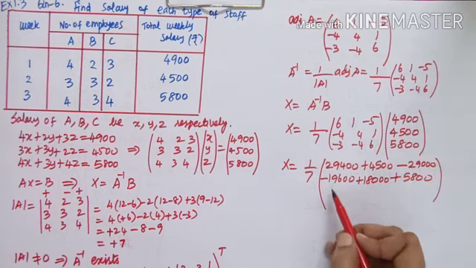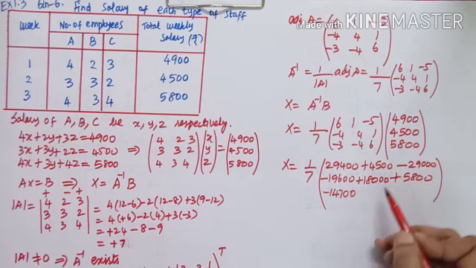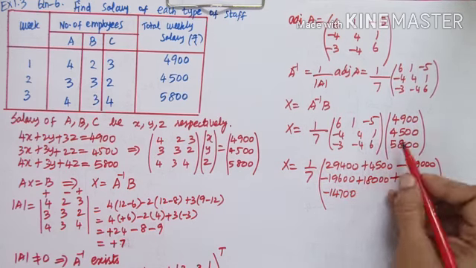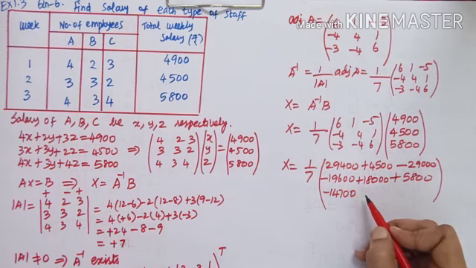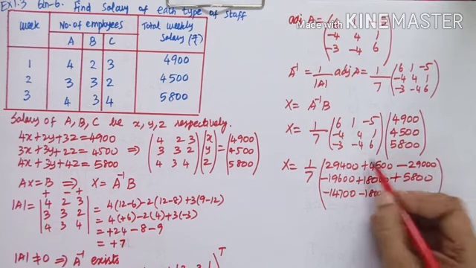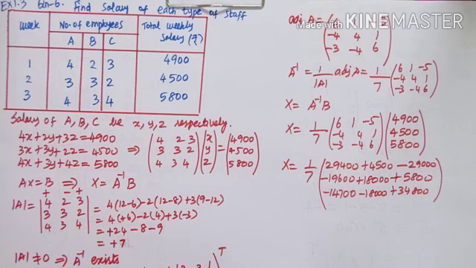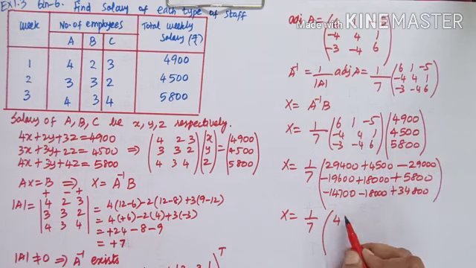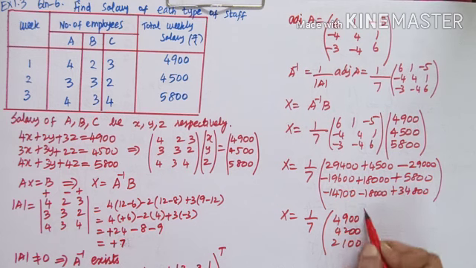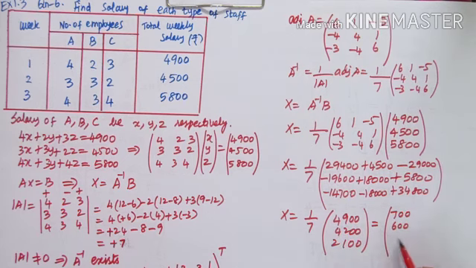Third row by first column, it is minus 3 into 4,900 minus 4 into 4,500 plus 6 into 5,800. As we simplify the answer, X is equal to 1 by 7 into 4,900, 4,200, 2,100, which is equal to 4,900 by 7, 4,200 by 7, 2,100 by 7.